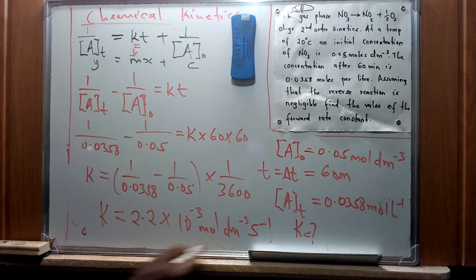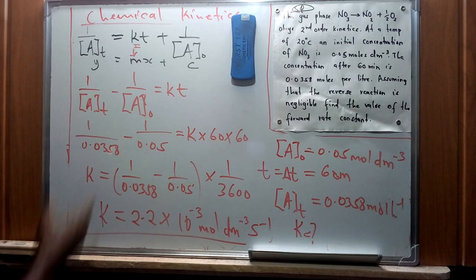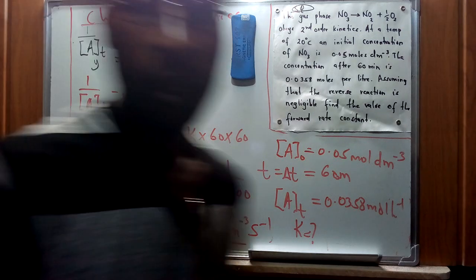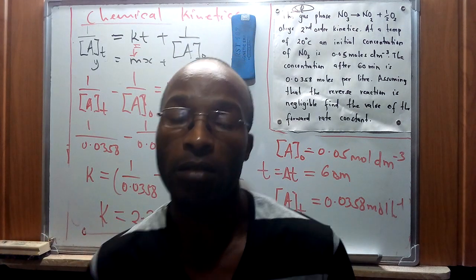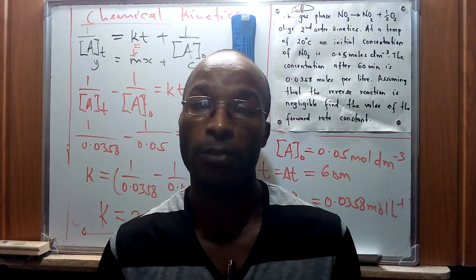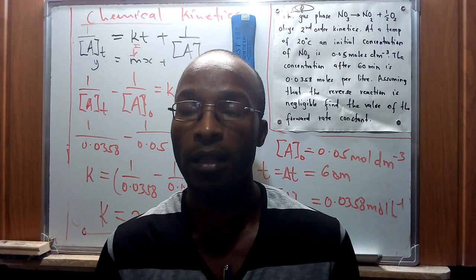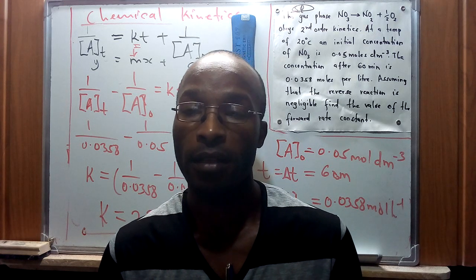So this is how we use the information that we have extracted from the sentence in order to calculate the value of the forward rate constant, given the general information on the second order reaction rate and the equation that we have used. That is how we are going to work with second order reaction rates and other rates that we have discussed in our introduction to chemical kinetics.